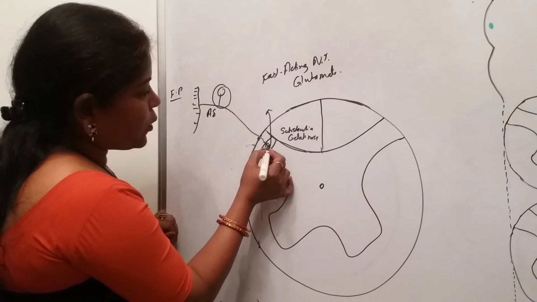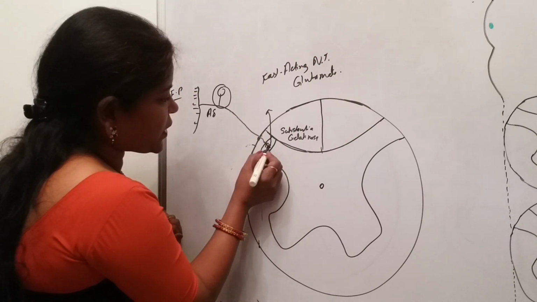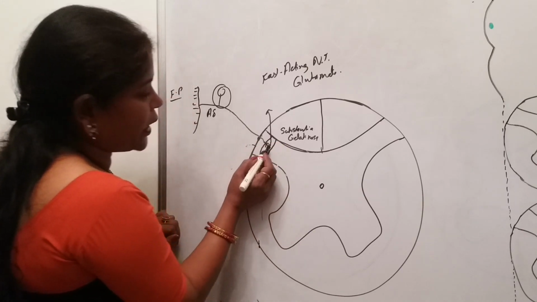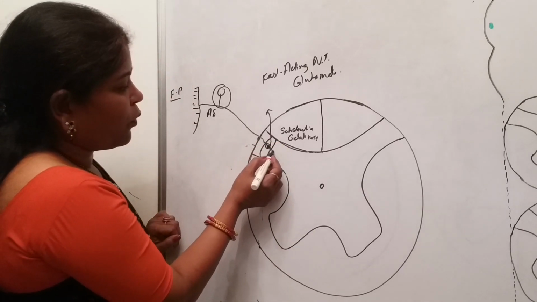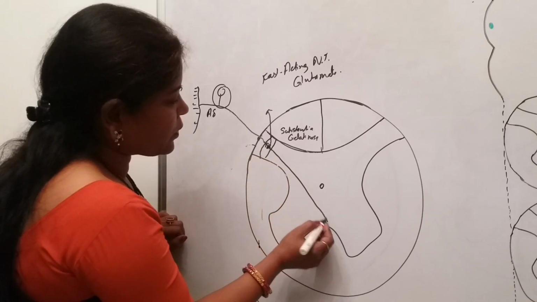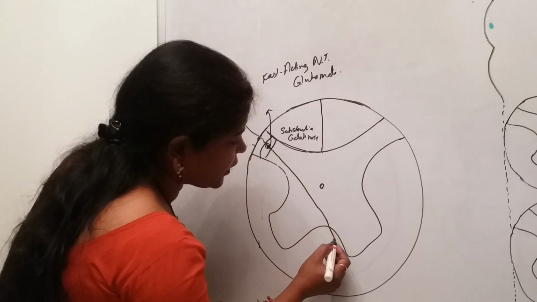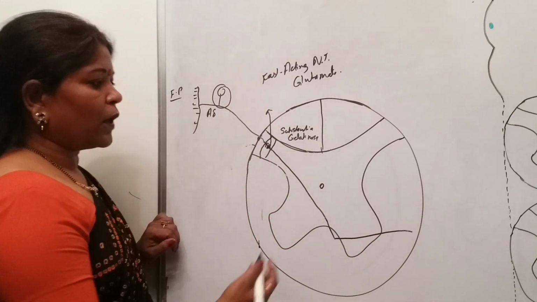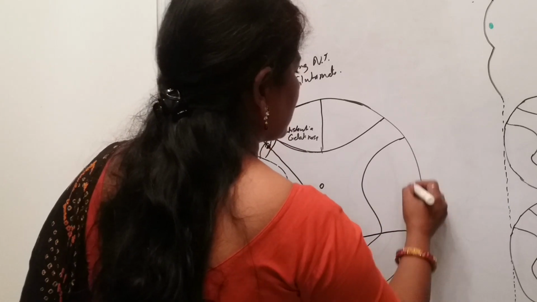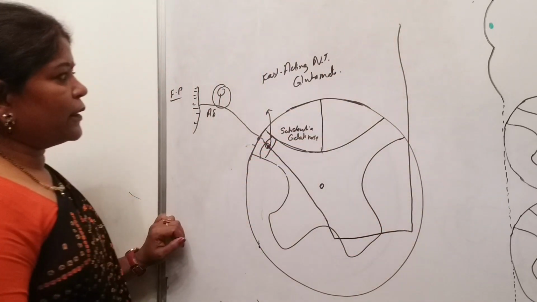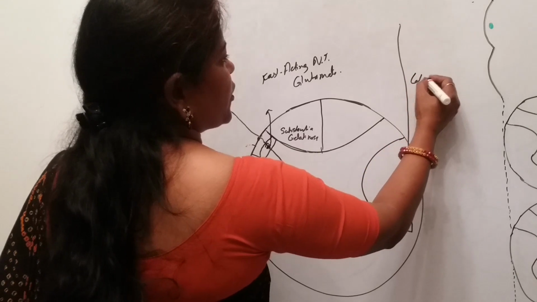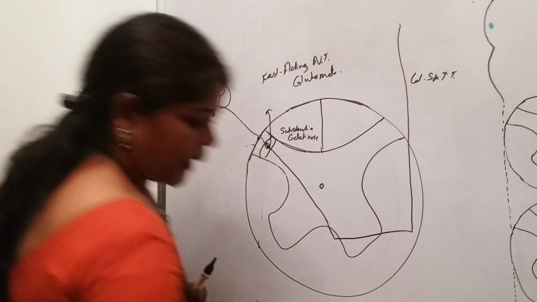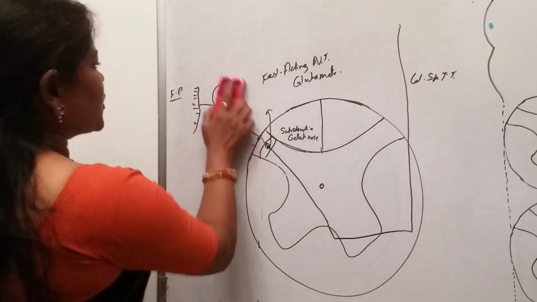This will release glutamate at the site of the synapse and excite it, and the axons which emerge from this second order neuron will immediately cross through the anterior gray commissure and the anterior white commissure, move to the contralateral white column, and then ascend upwards in the form of the lateral spinothalamic tract.